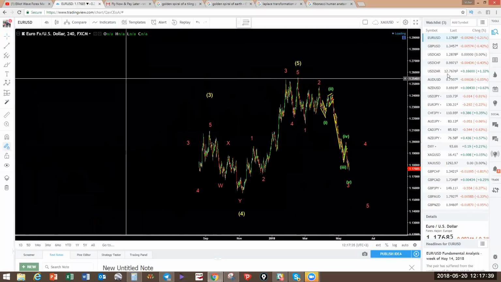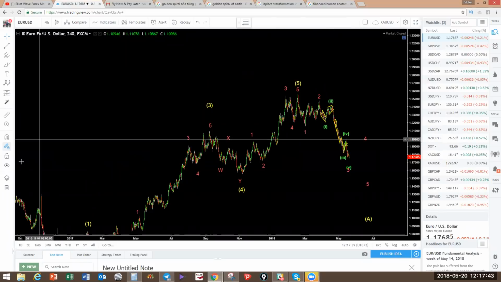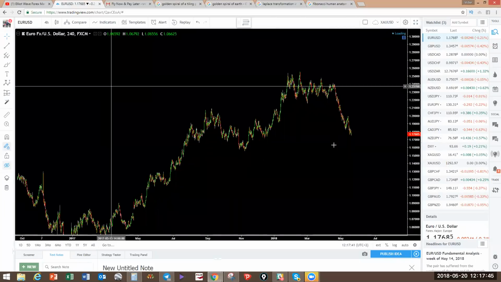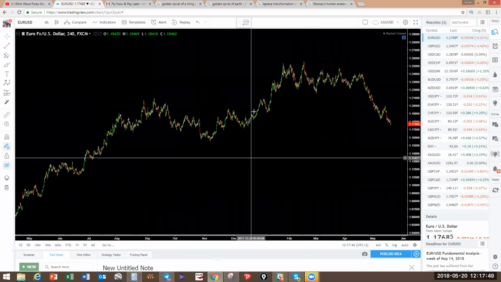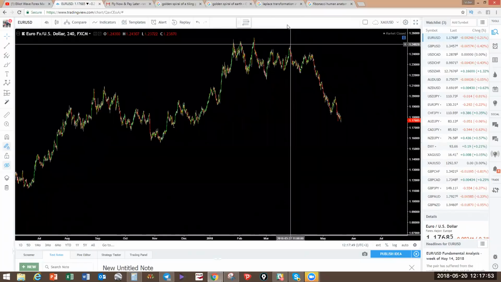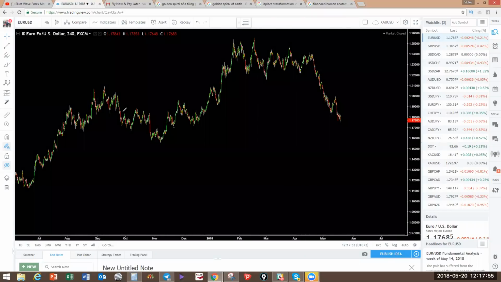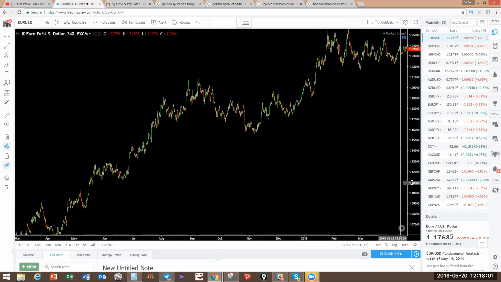Okay, so something that I showed you last week, getting back to how the charts are so organized. So if you look here, how this pattern started here, how this one started here, started exactly the same. We started with a move down. This was last year.